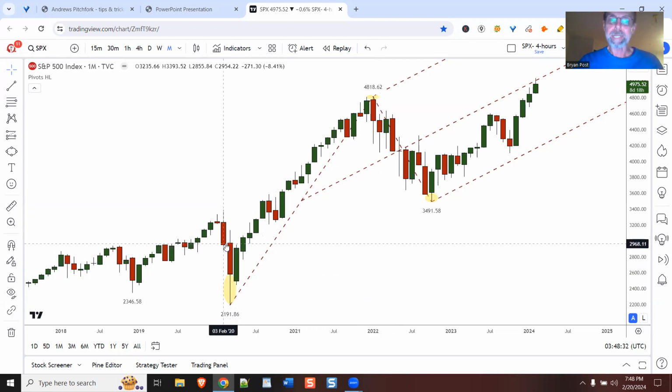In this case, price opened up here, and over the course of the month, and of course we're in the monthly time frame, sellers pushed price all the way down to here, and then buyers came in at this level and pushed price back up to that level. And that's how we end up with this lower wick.